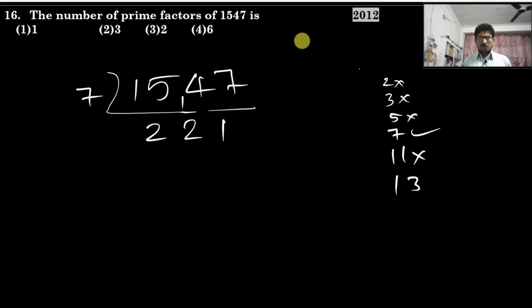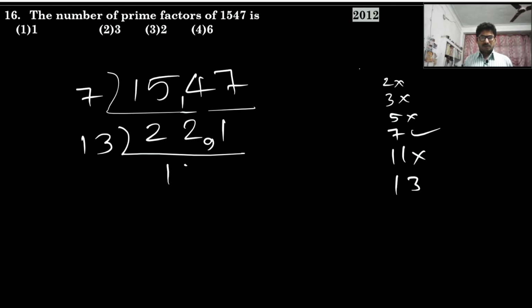So 13, 7 plus 2, 91. So it is exactly divisible by 13. 13 7s are 91, 9 remainder.